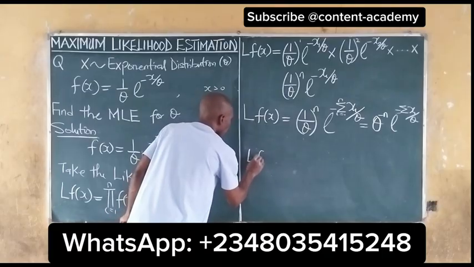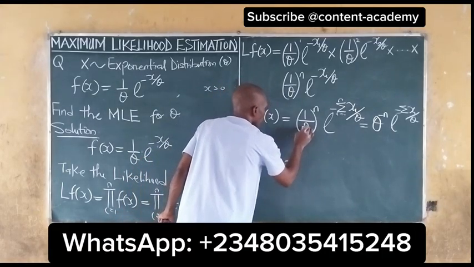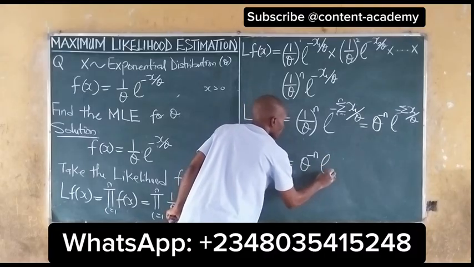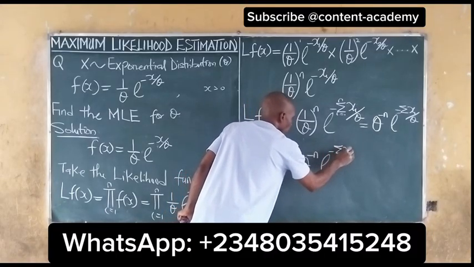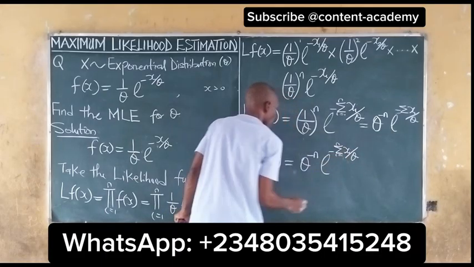Our likelihood function can be written as theta to the negative n, exponential of negative summation of xi all over theta, as i running from 1 to n.